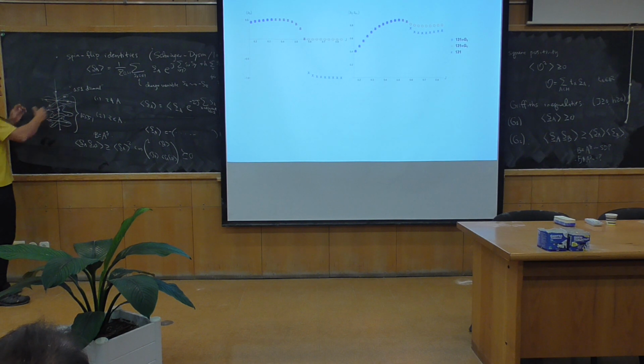But already for the most symmetric region, it's a 1, 5, 13, 5, 1 diamond in 3D, and that was just a little bit out of reach with the algorithm we used. But it seems that we can improve the algorithm, and it seems hopeful in the foreseeable future to get that.